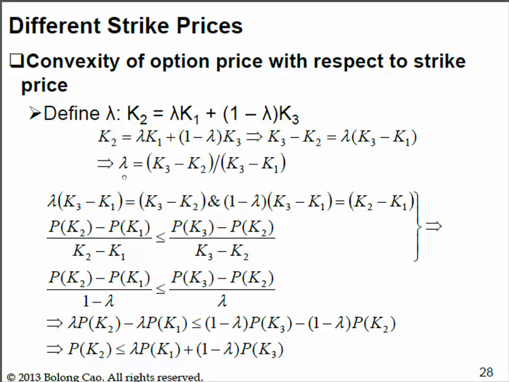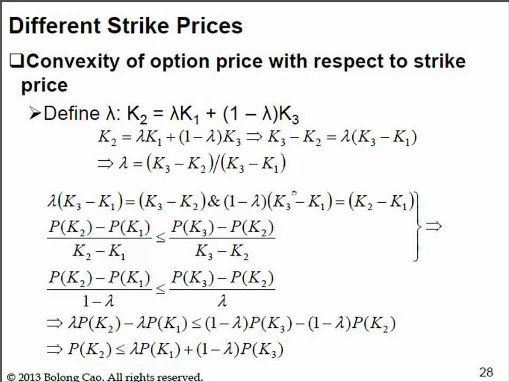Because we start with K2, we can now define lambda. Lambda is (K3 minus K2) over (K3 minus K1). Lambda is the portion: how far K2 is below K3 as a portion of how far K1 is below K3. So you can understand lambda as how far K2 is from K3.